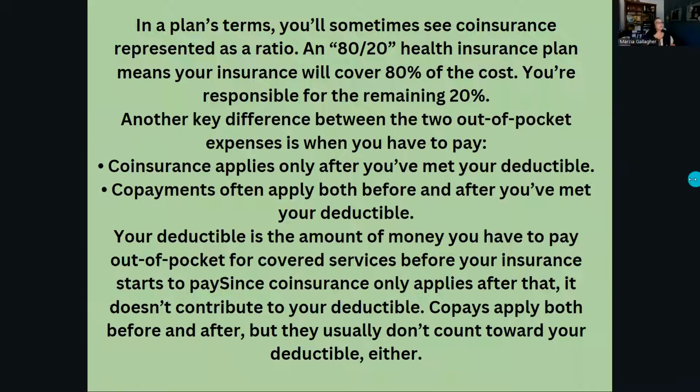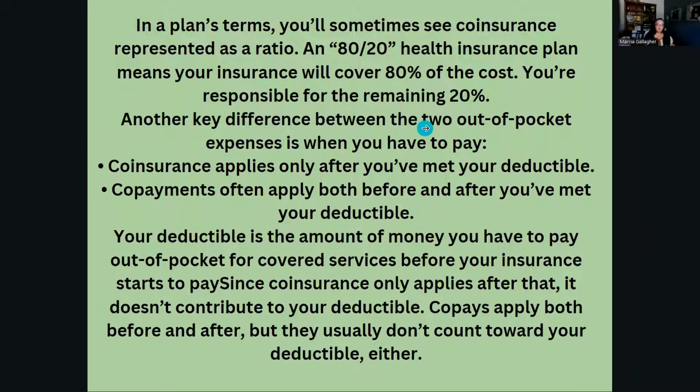In a plan's terms, you sometimes see coinsurance represented as a ratio. An 80-20, we just talked about that a second ago. A health insurance plan of 80-20 means your insurance will cover 80% of the cost, and your responsibility for the remaining is 20%.